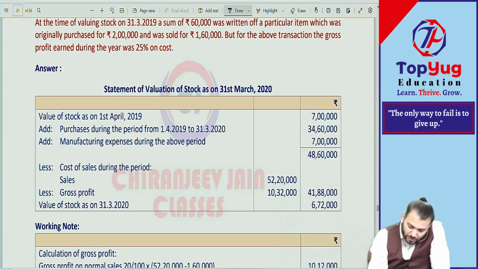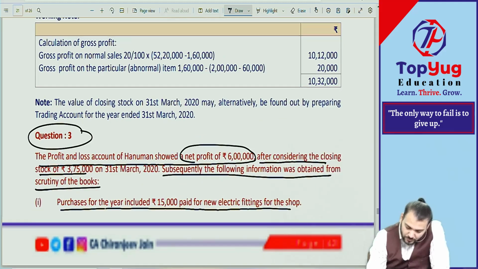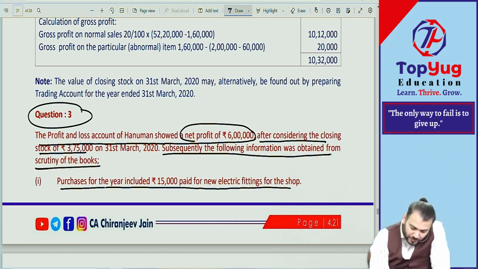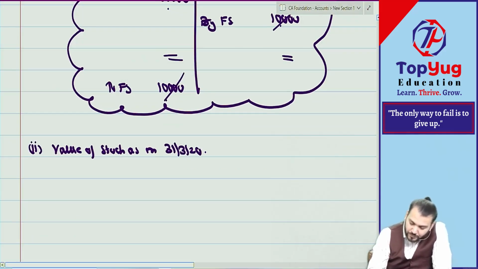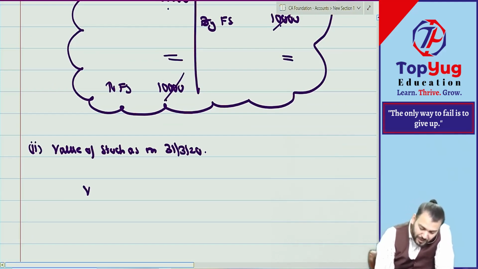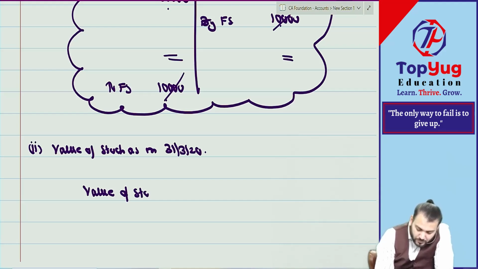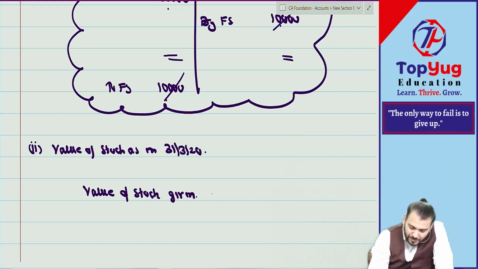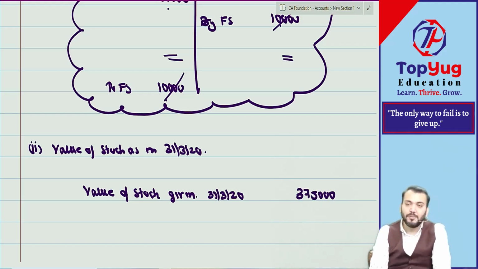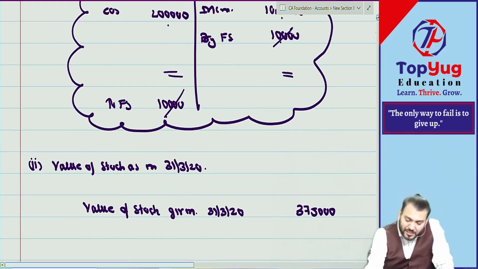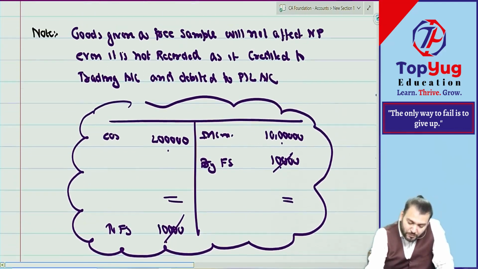They have given 3,75,000, as on the same date, 31st March, but before rectification. But two effects need to be given. Wherever stock is coming, that effect needs to be given.